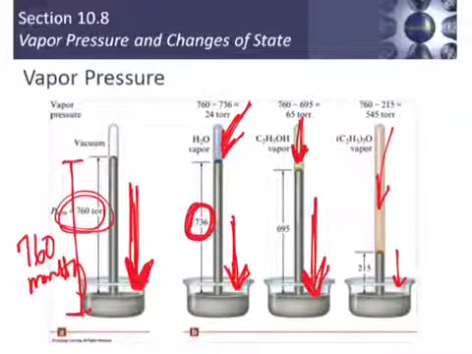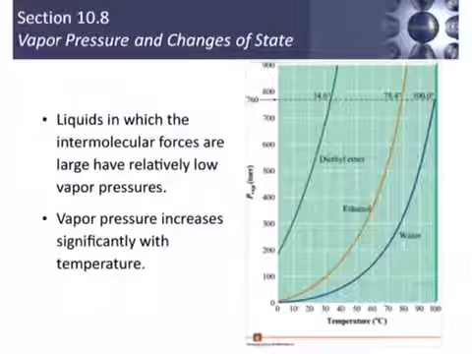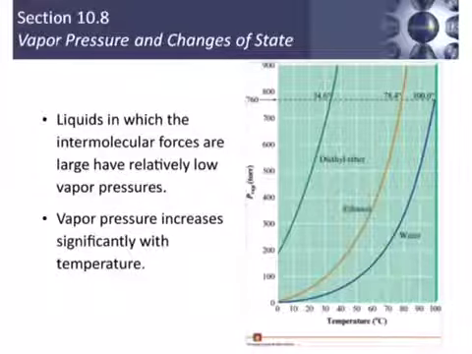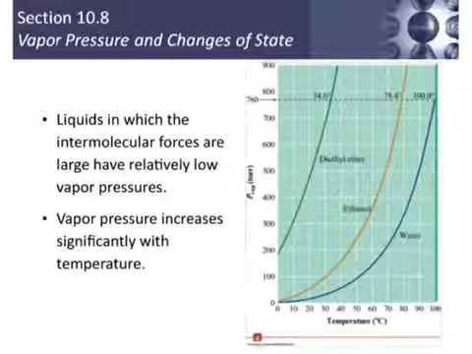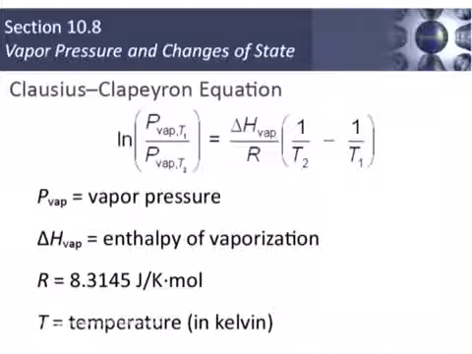So be prepared to look at different things such as a graph like here. This is what we just looked at. Just be able to answer questions from that graph about what's going on. And lastly, we have Clausius-Clapeyron. It's an equation, and you don't have to memorize it, but what Clausius-Clapeyron does is take into account vapor pressures, and we are able to find the enthalpy of vaporization.